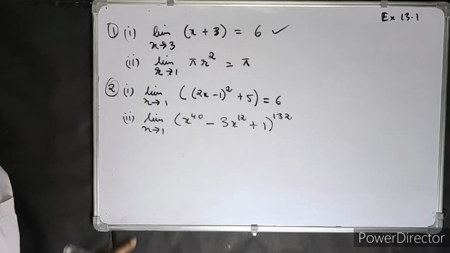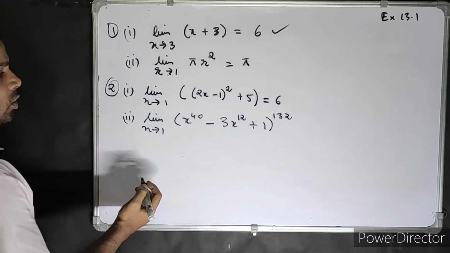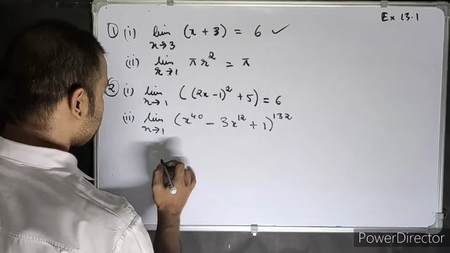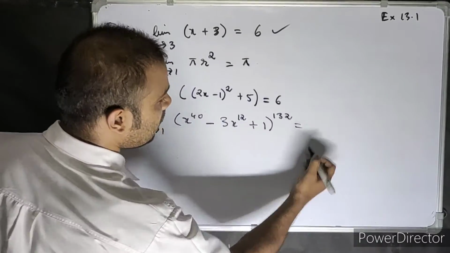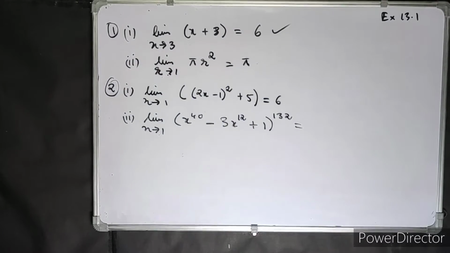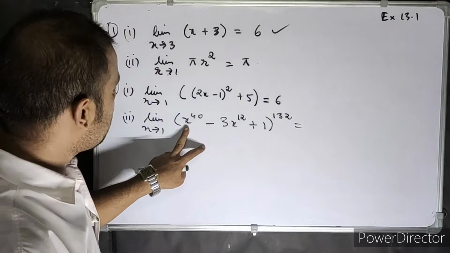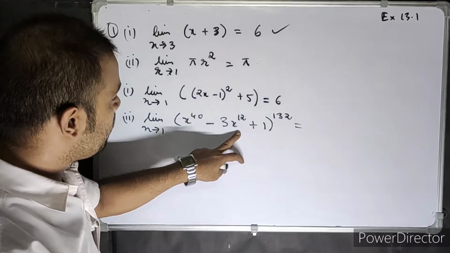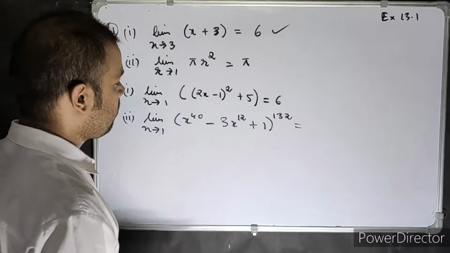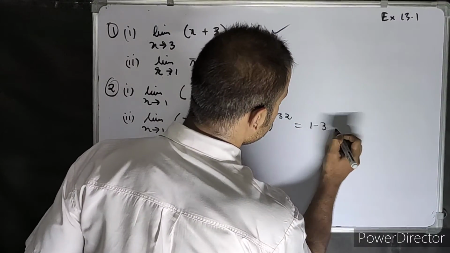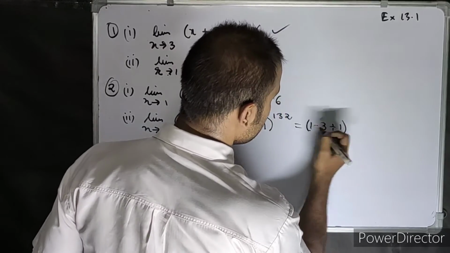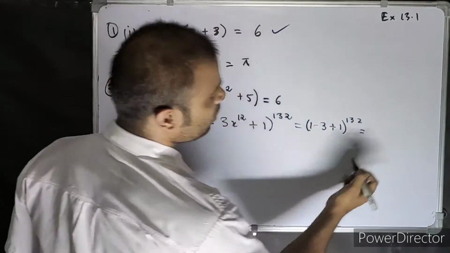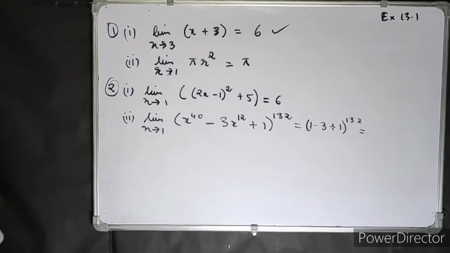In case you forget, we can leave the answer in power form. So let's see what we are going to get here. Let's find the answer here only. Let's put the value. Put 1. So this is 1 only. Put 1, so that's a 3. So 1 minus 3 plus 1 whole to the power 132. So that's going to give you what?